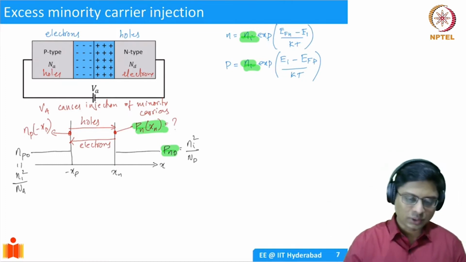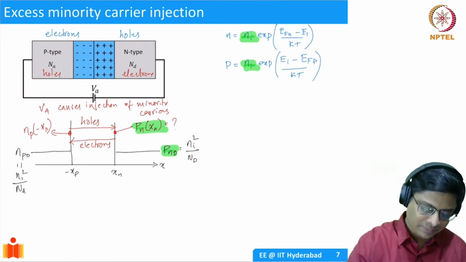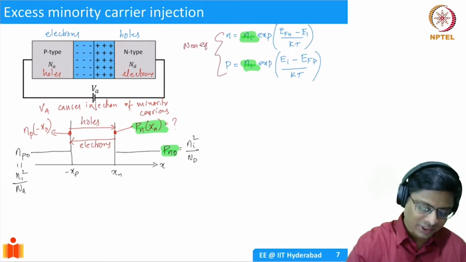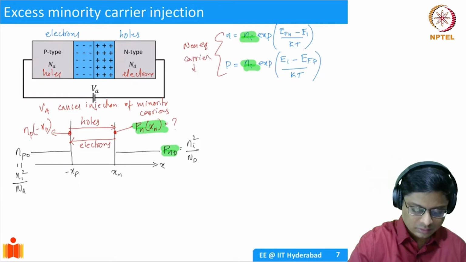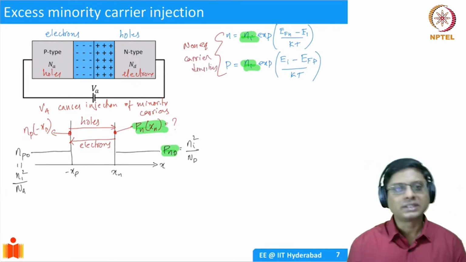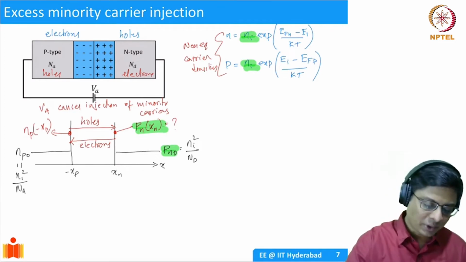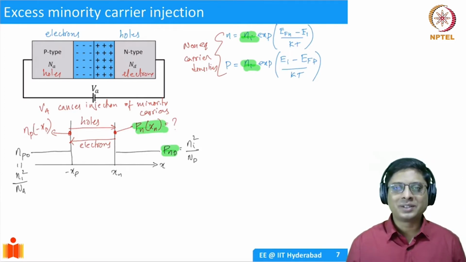All right. So you have these non-equilibrium carrier densities. Well, you can take an np product. I said non-equilibrium means it's not equal to ni square for the np product.